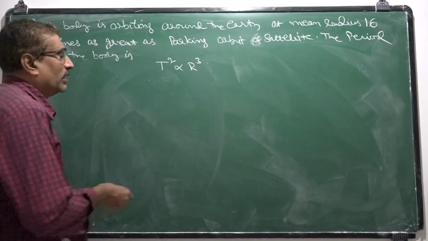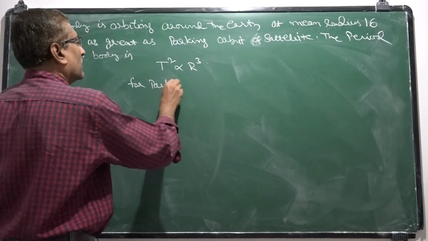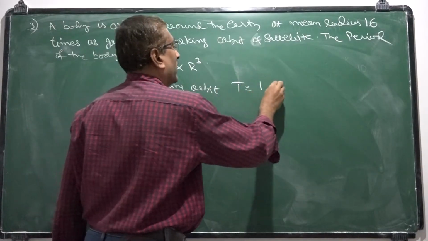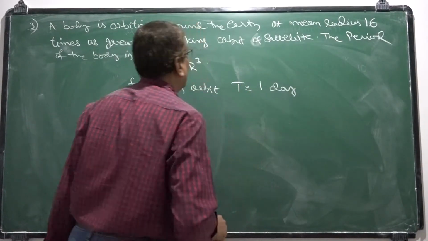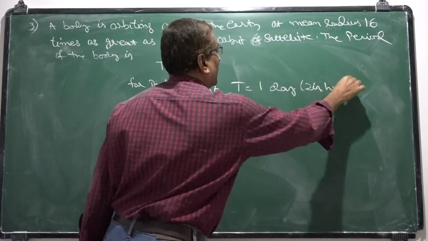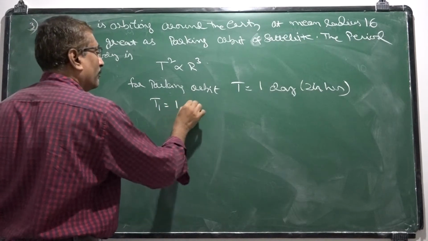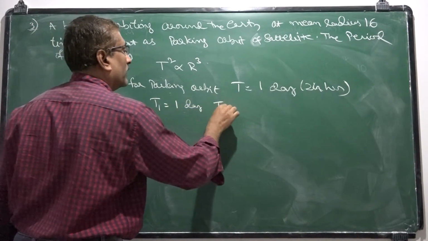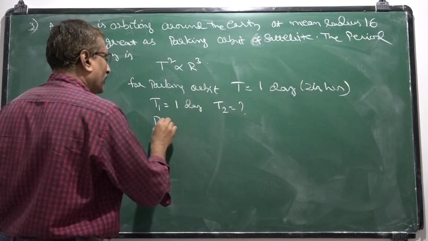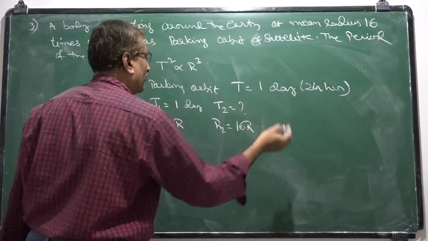So T1 is 1 day, and we have to calculate T2. Given R1 is R and R2 is equal to 16R.